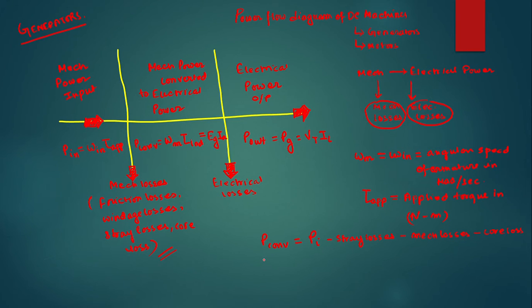So the converted power can also be written as the generated EMF multiplied by the armature current.